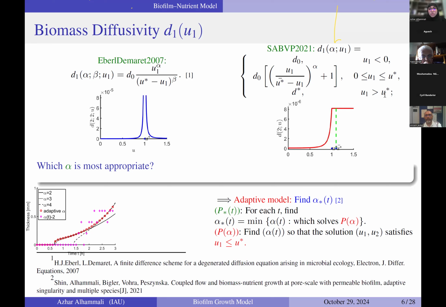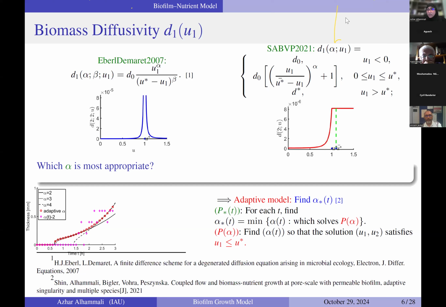In our simulation, we used U star to be 1, but it's not necessary to be 1. He is worrying about the fact that you have a division by 0 in your formula.